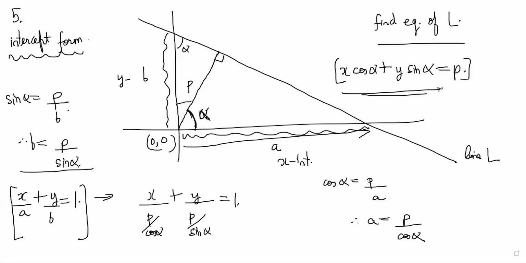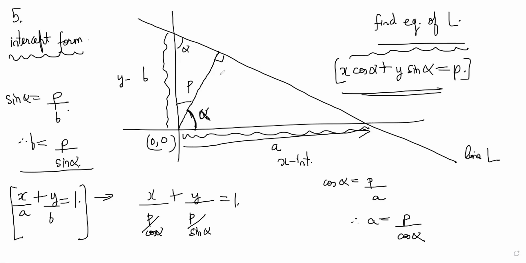So this is a form that is sometimes useful. We will use it to get the distance of a point to a straight line. So remember that we'll use it once later to derive something important. But right now, just realize what the form looks like. It is x cos alpha plus y sin alpha is equal to p.